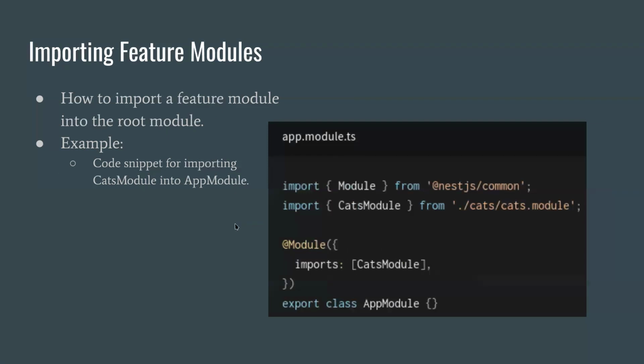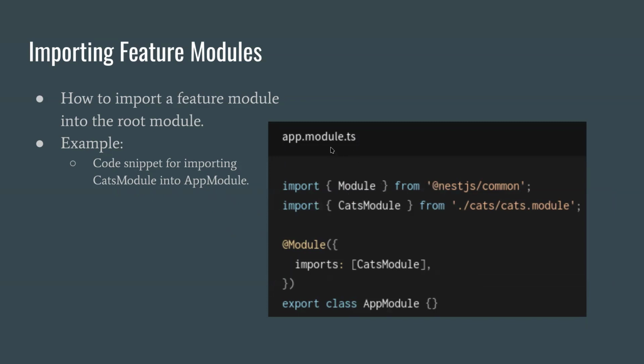Importing feature modules. Once you have created a feature module, you need to import it into the root module to make it part of the application. Here is how you can do it.